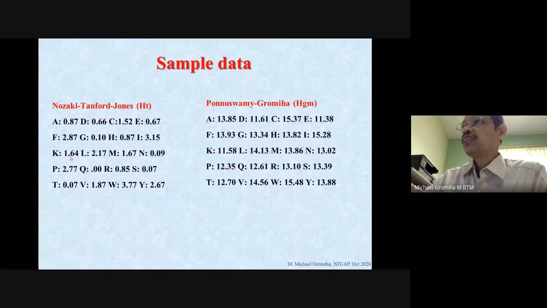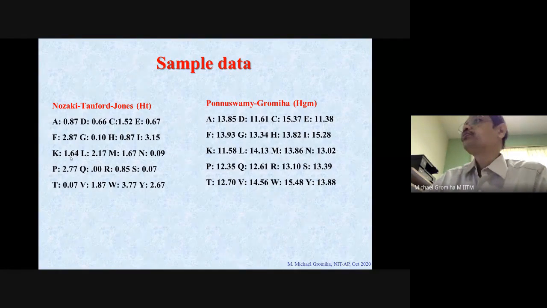What is the value of E? What is the value of K? (1.64 for K.) What is the value of E? 0.67. Here, what is the value of K and what is the value of E?